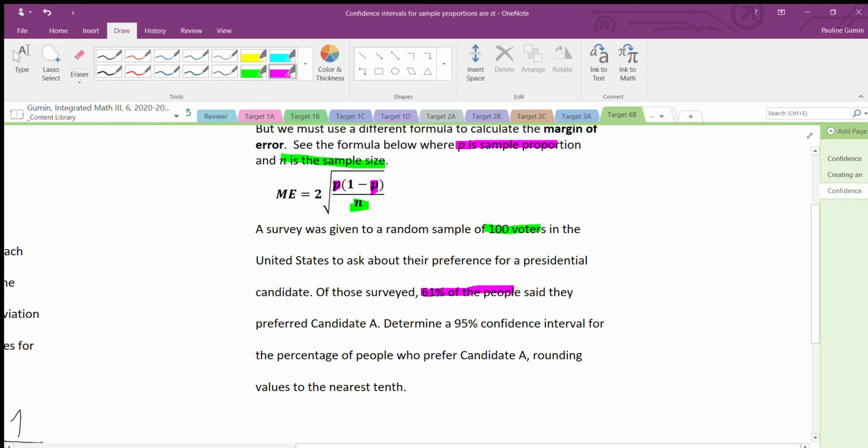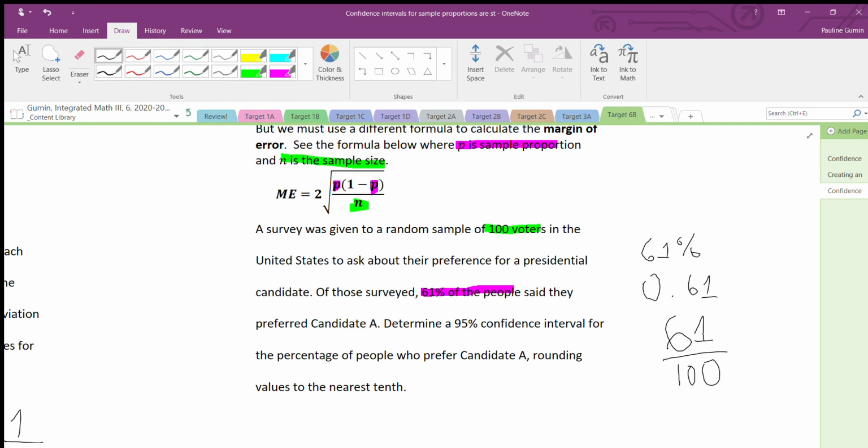To remind you, proportions can be written as fractions. 61% is the same thing as 0.61, which also can be written as 61 over 100. Any percentage can be written over 100. Therefore, it is a proportion.